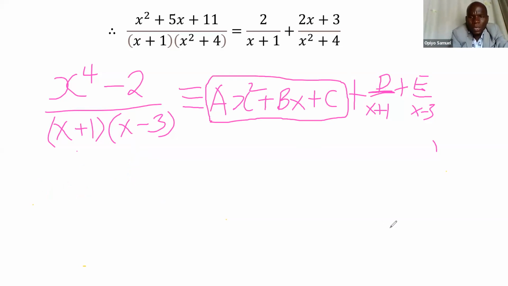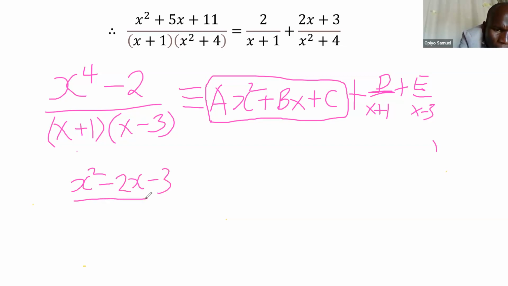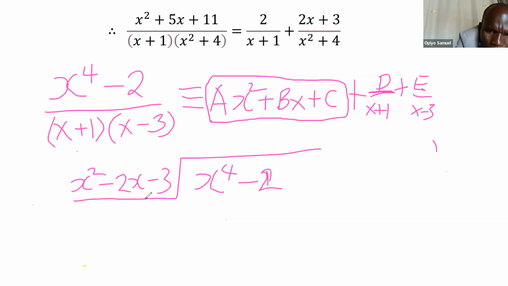If you want to use that alternative way, you need to divide the numerator by the denominator. So when we open the brackets of the denominator, we are going to have x squared minus 2x minus 3. Then you have to divide x to the power 4 minus 2 by this one.